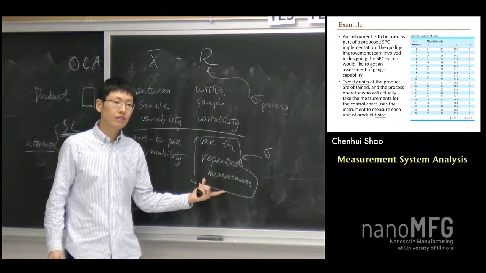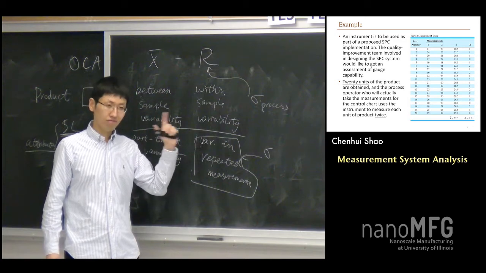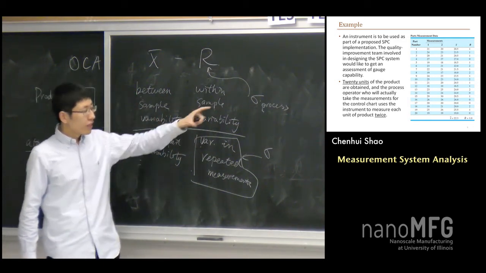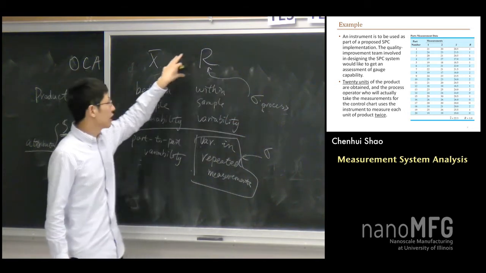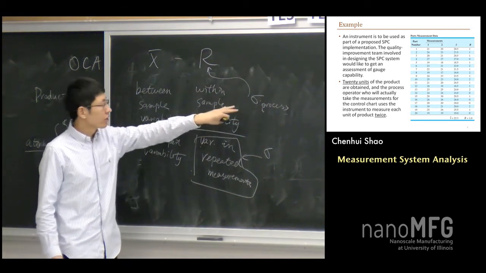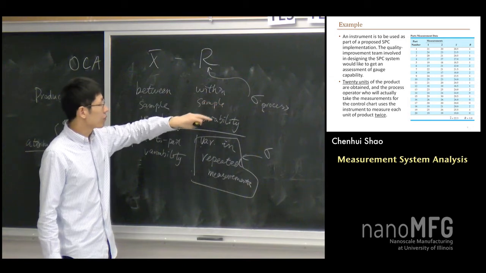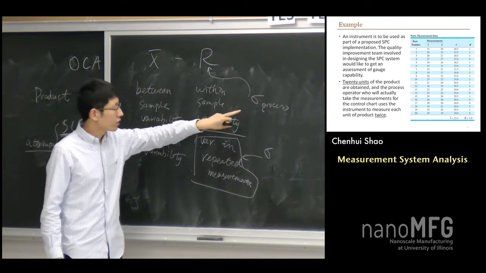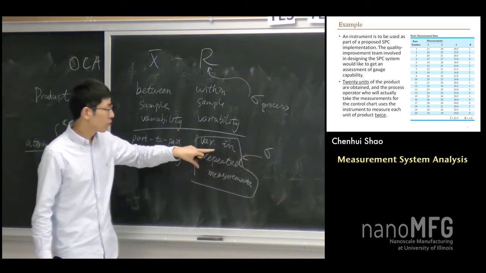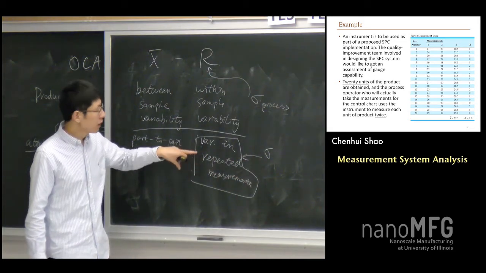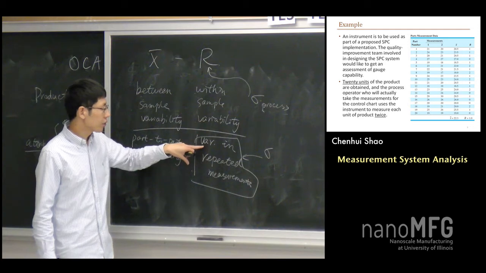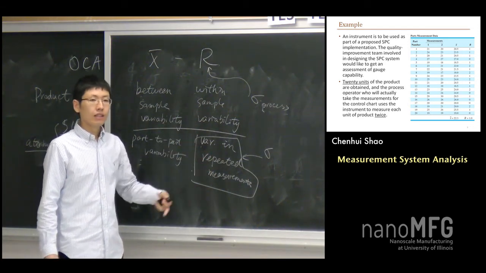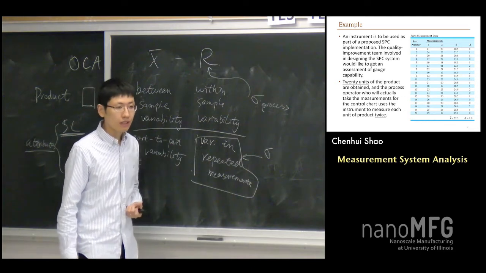Alright? Is the logic reasonable to you? If we can estimate sigma process for a regular X bar R chart, the sigma process is really an estimation from the R value. Similarly, this sigma we estimate from this R value will reflect the variability in repeated measurements, and also will reflect the gauge capability.